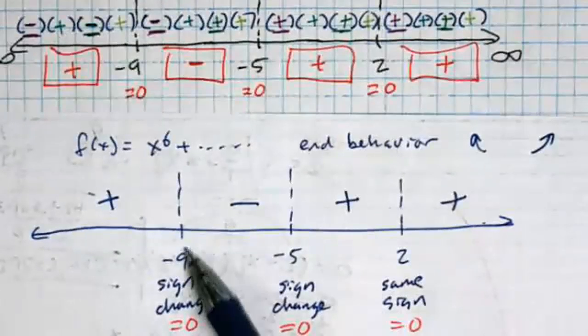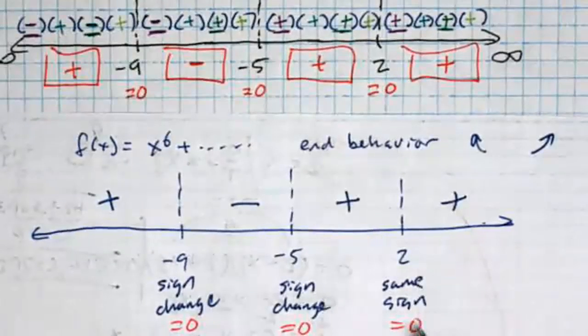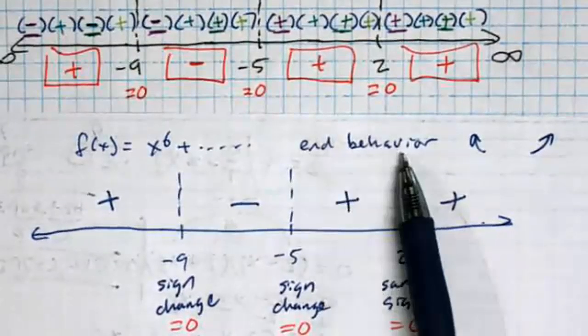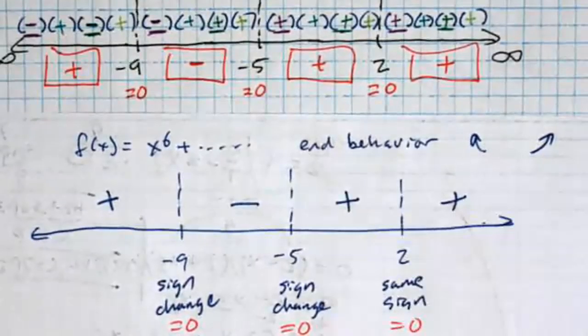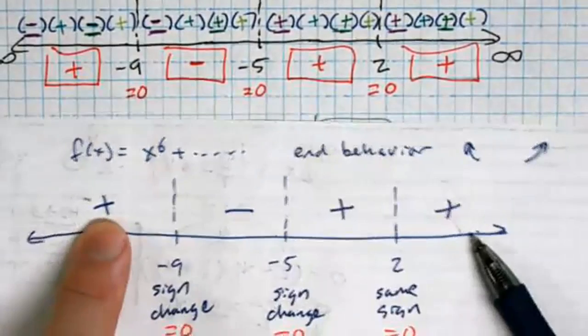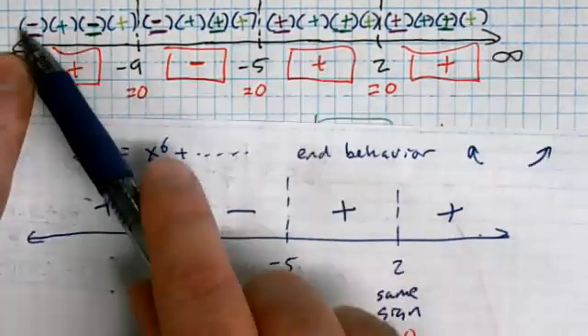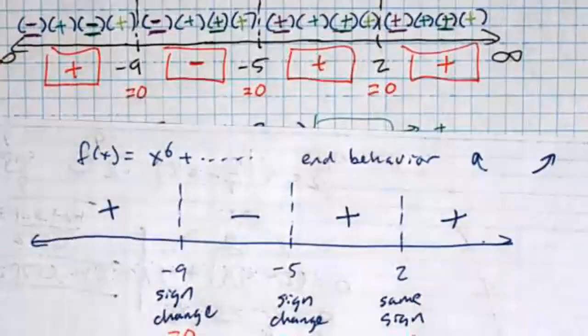So if you're going to do it this way, I want you to write underneath each of your things either same sign or sign change. And I want you to explicitly write out end behavior and show me what your end behavior is going to look like. So that's your work. If you choose to do it this way, all your pluses and minuses are going to be your work.